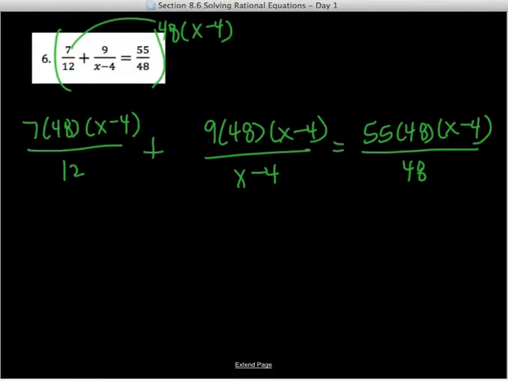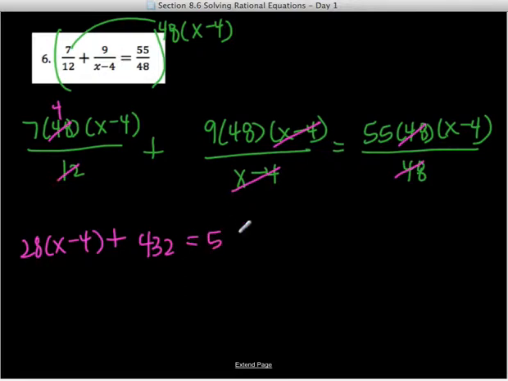Now I'm going to go ahead and simplify. 48 divided by 12 is 4. Then my x minus 4s will cancel and my 48s will cancel. So I have 7 times 4, which is 28. Then I have x minus 4 plus 9 times 48 is 432 is equal to 55 times x minus 4.